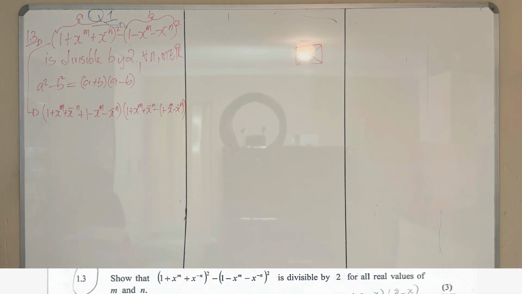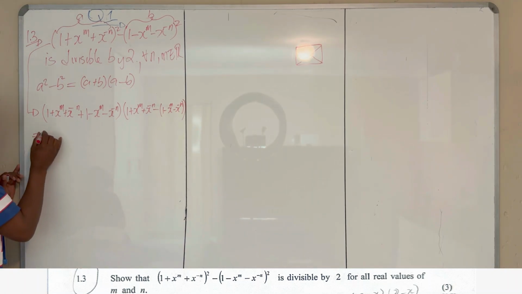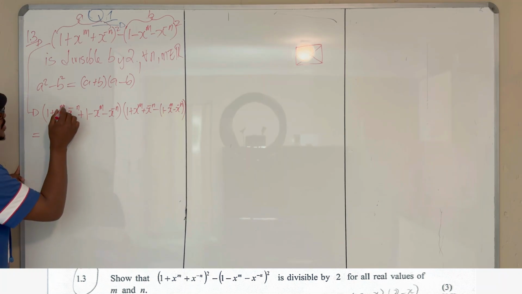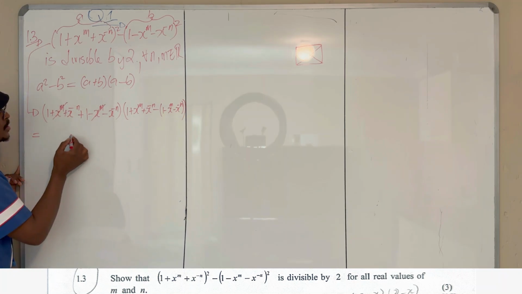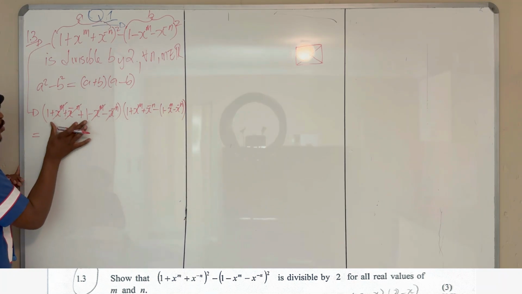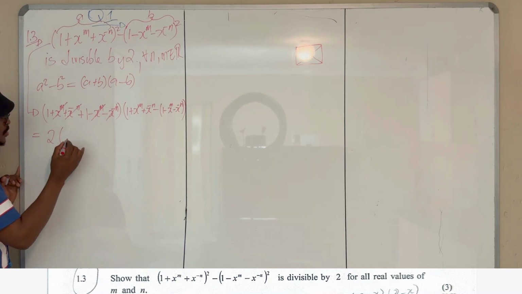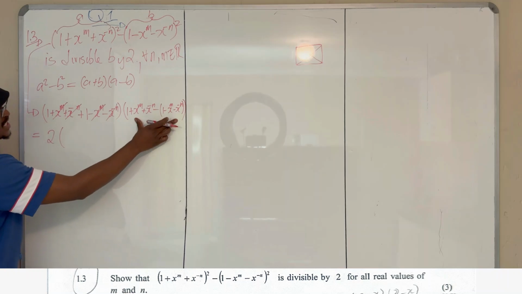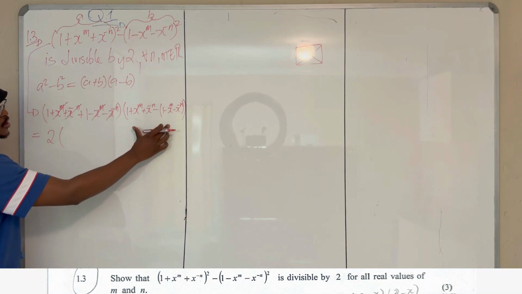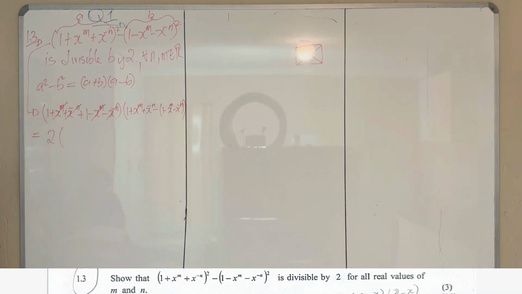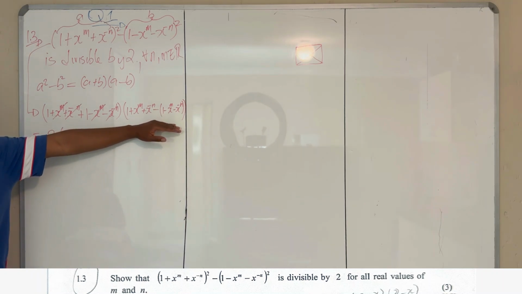Next thing is to simplify. So what you have, see, this will cancel this, and this will cancel that. So what we're left with is 2 on this bracket times whatever that is in there, right? For that matter, I don't think you even need to simplify this.